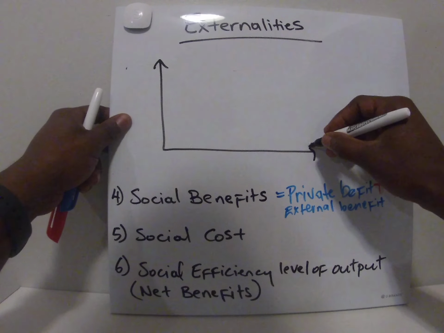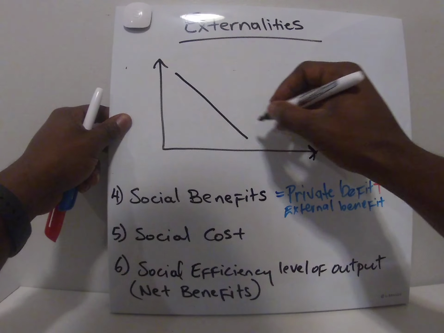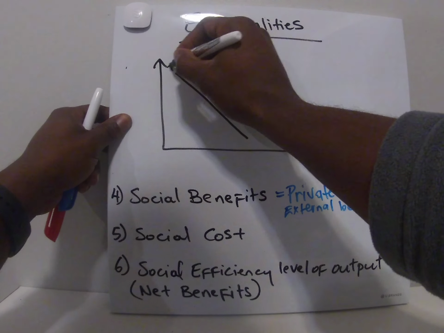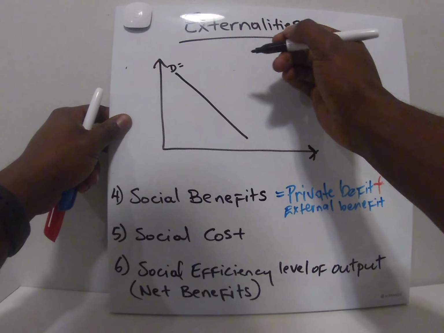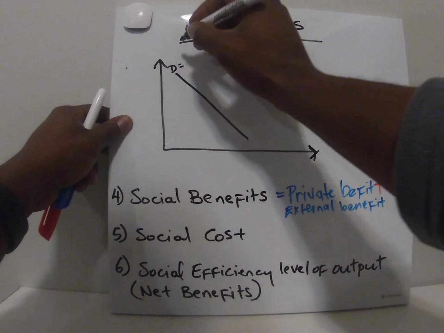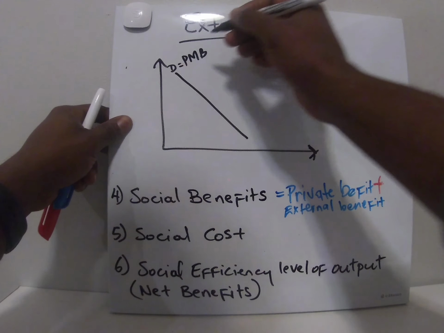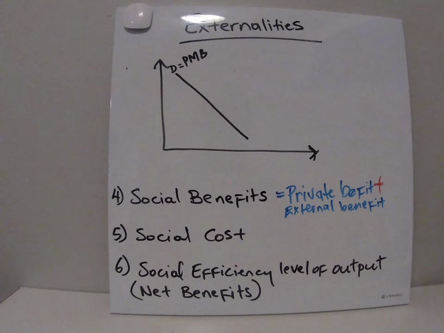So for private, the demand curve is always sloping down. So this is D, which is also equal to what curve? The private marginal benefit. The reason why it's marginal is because it's the extra, the additional benefit that you gain, right?